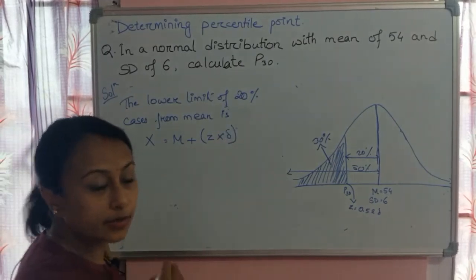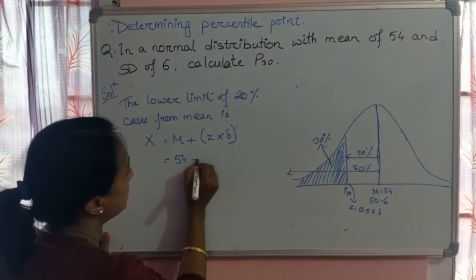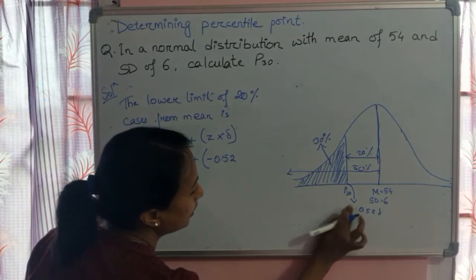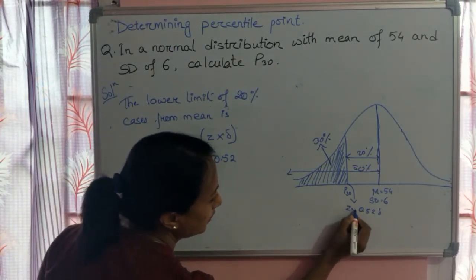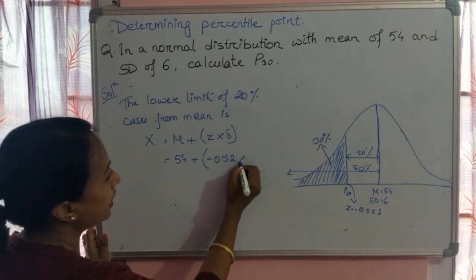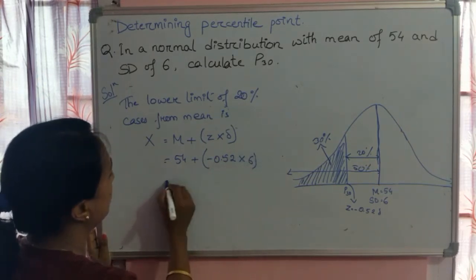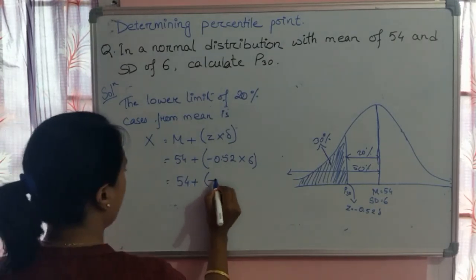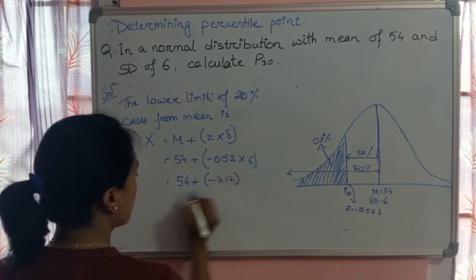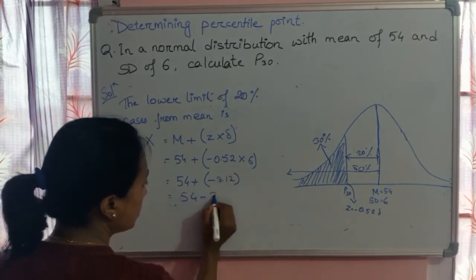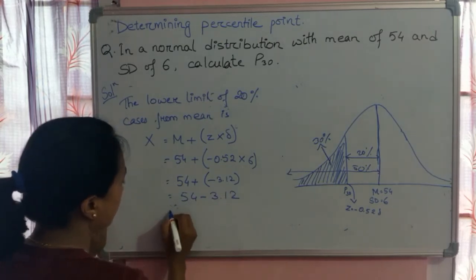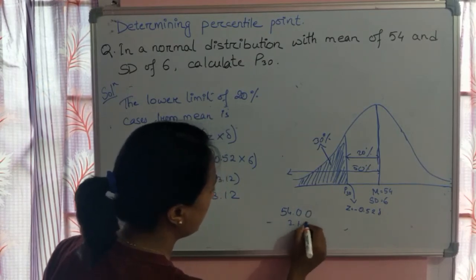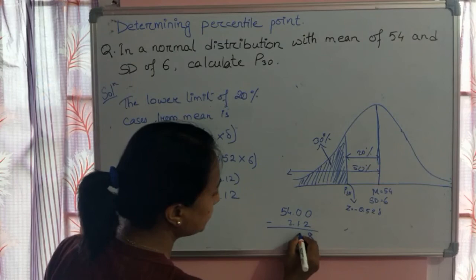So m is 54, and z is minus 0.52, if you can remember. Let us correct it here also: minus 0.52, and standard deviation is 6. So we have 54 plus minus 3.12, which comes to 54 minus 3.12, and this becomes 50.88.